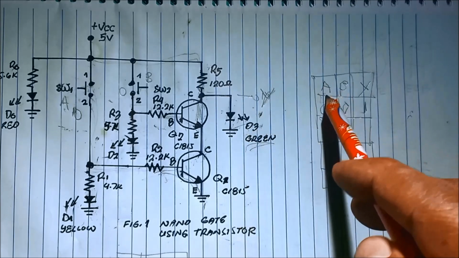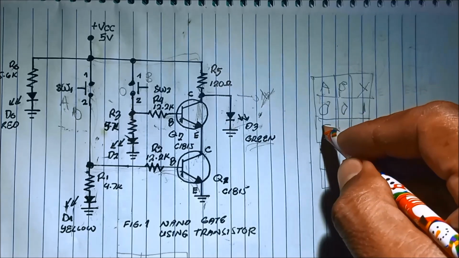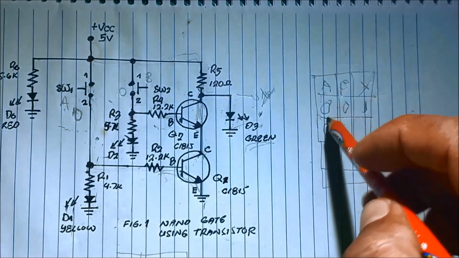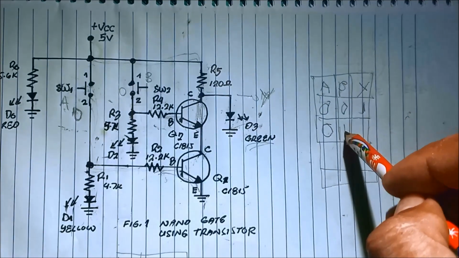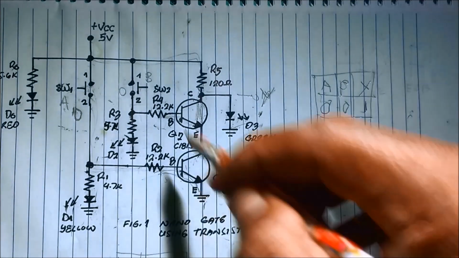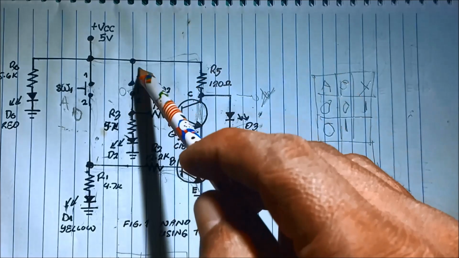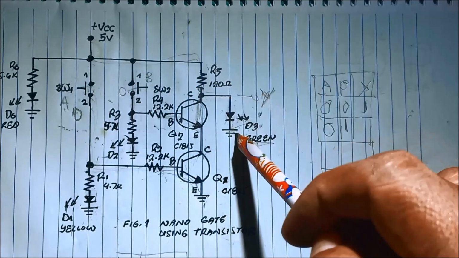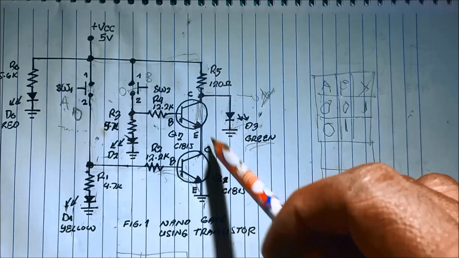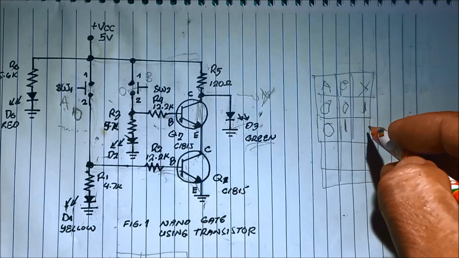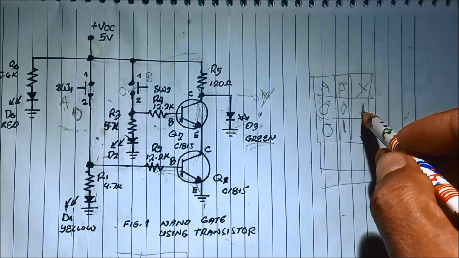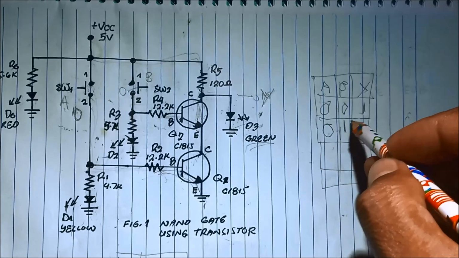And then if our switch A is 0, again, this is 0, and we press the switch B. What is the output? This output will not turn off. Still 1. Why is it 1? It will not turn off.